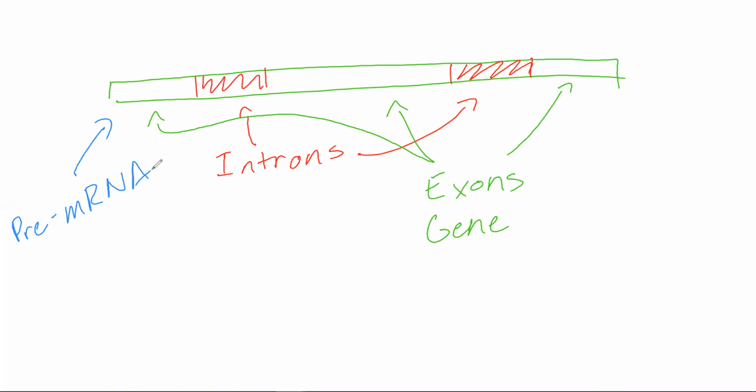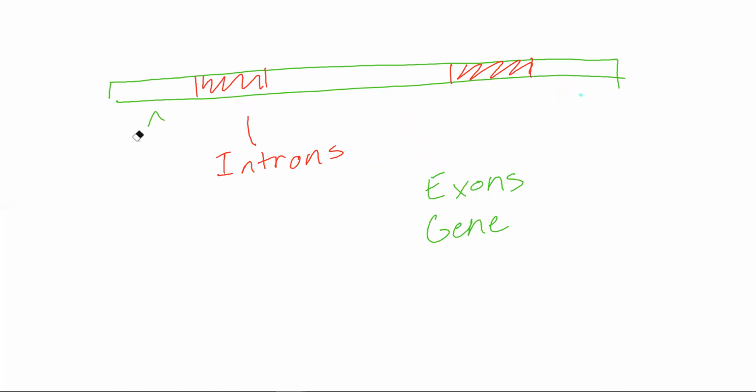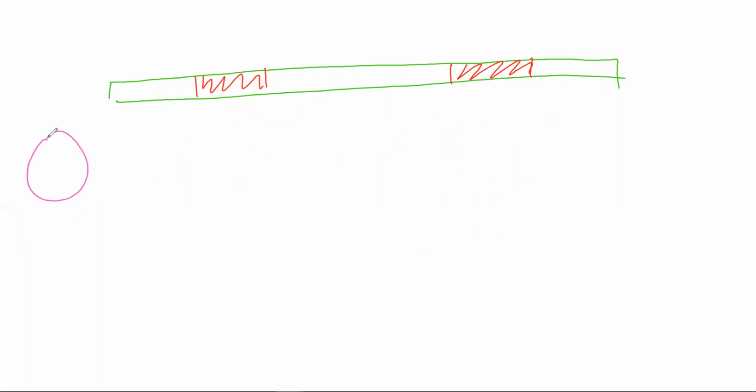Let me erase all these words. So what I'm going to do in order to clean up this mRNA is bring in an enzyme called, I'll make it a purple or magenta glob again. This one is called an SNRNP.